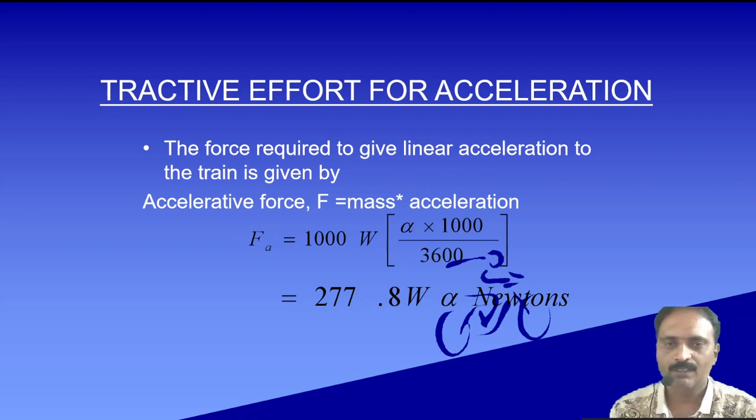Hence if you consider WE as the effective weight, it will be equal to W plus W dash. This is one of the important things to be considered at the beginning only. Once the train comes into motion, obviously this W dash will not be there, because it is already in moving position.